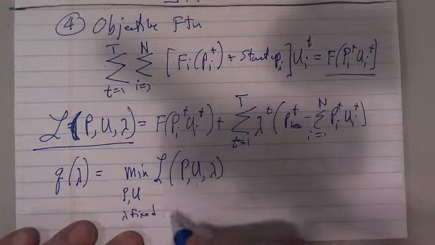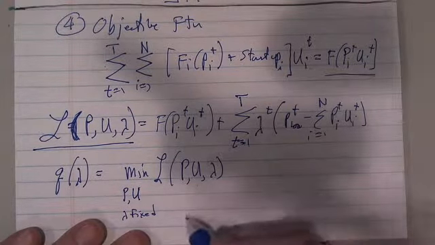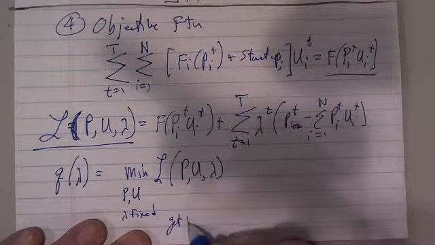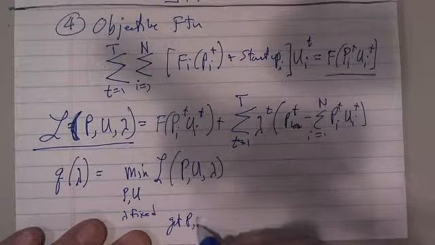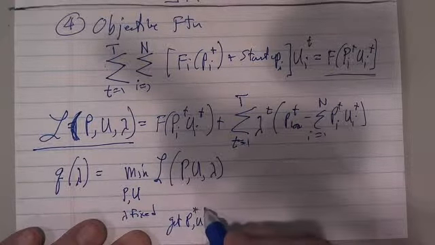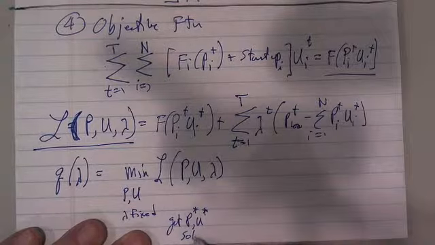And then, given the solution, get P and U. We'll just put an asterisk. That's the solution.